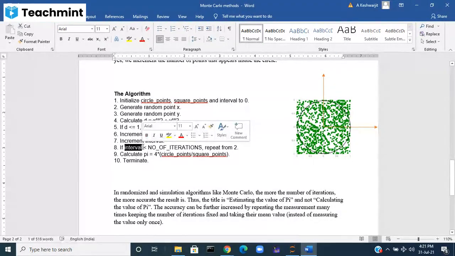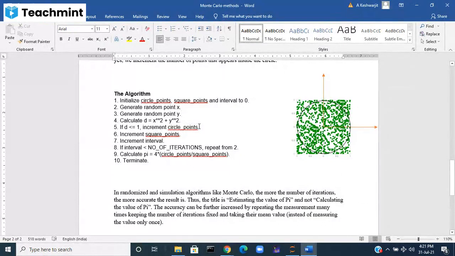Then what do we do? We go back to step 2 and generate a random number and assign it to x again, and then generate another random number and assign it to y, and then we check whether the point lies inside the circle or not. If the point lies inside the circle, we increment the circle points by 1.